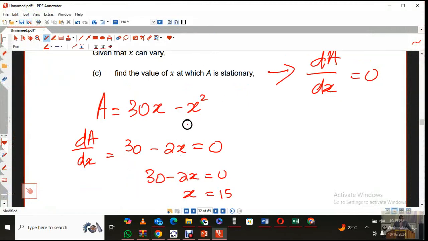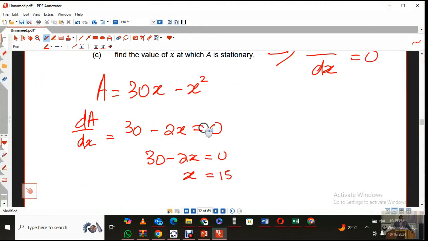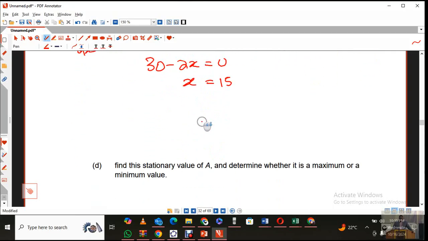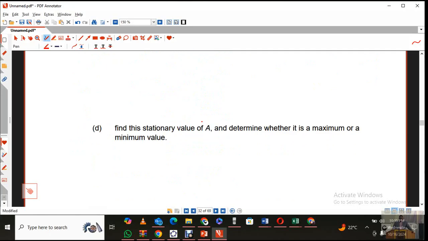That is the value of x equals 15 at which A is stationary. For this stationary value of A, they want us to find the stationary value of A. So they basically want us to find the area now. What is the area? The area formula was 30x minus x squared.